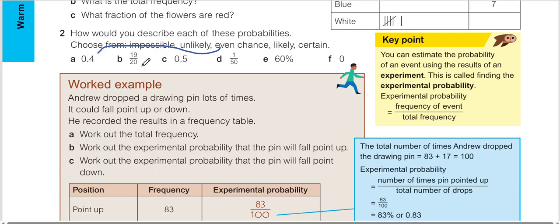Right. 19 upon 20. It's almost certain, so you can say it's certain. 0.5, even chance. 1 upon 50, unlikely. 60%, likely.